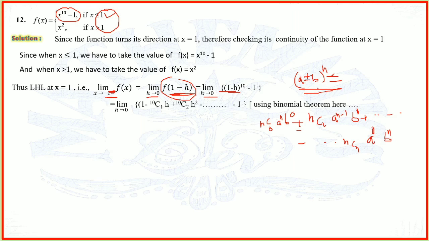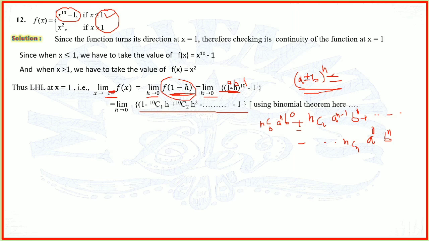So that binomial theorem we are going to use here, (1 minus h), that is a minus b raised to 10. This is n, this is a, and this is b. So nC0 is 1 and a power n means 1 power 10, that will remain 1.